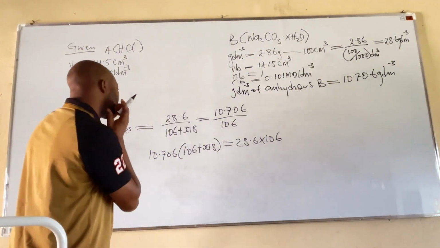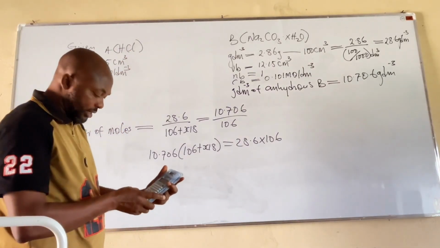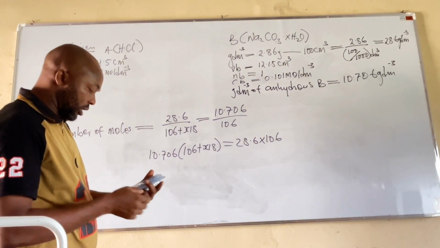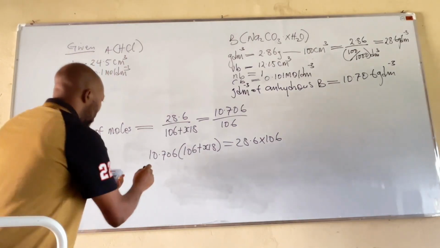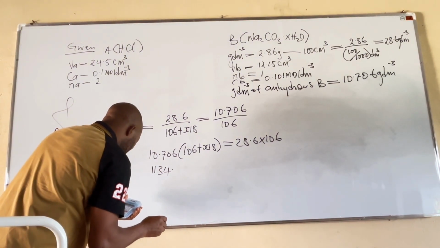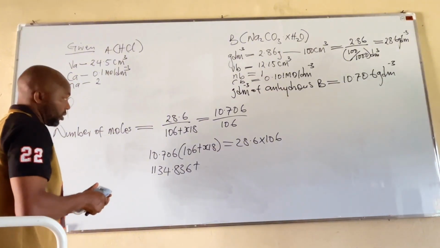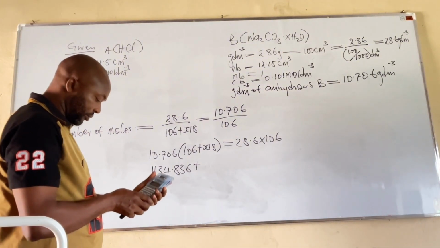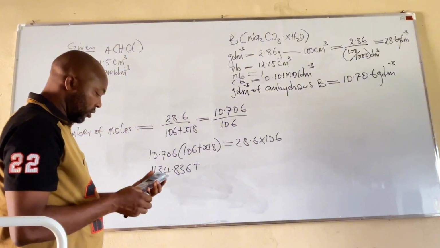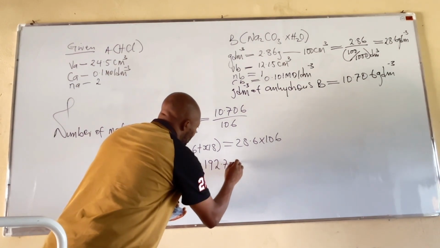Now, from here, I will expand. 10.706 times 106 is 1134.836, plus 10.706 times 18, which is 192.708X.